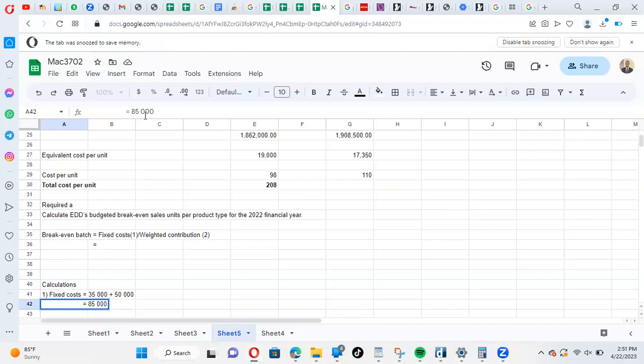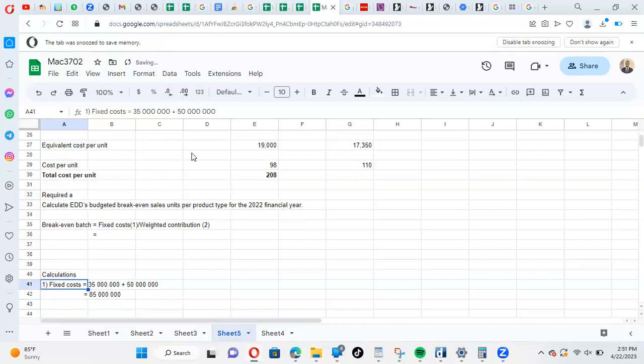But okay, now let's just do it the right way, since we want to get an accurate amount of numbers there. All right, so on part A, we are okay now.